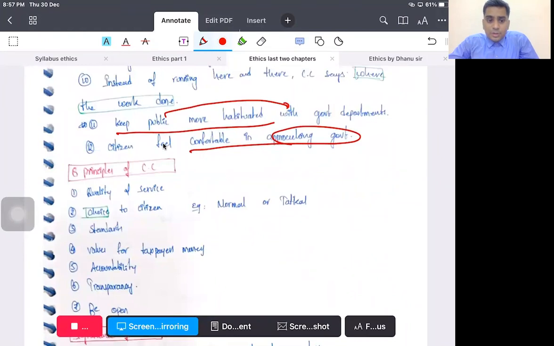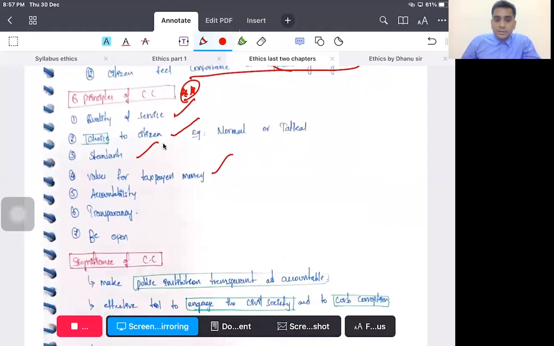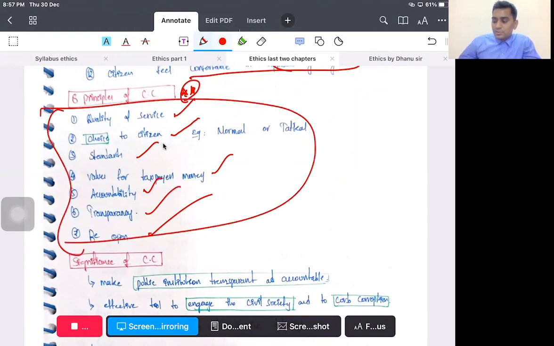6 principles or 8 principles of Citizens Charter. Remember this. What are the basic principles in Citizens Charter? Quality of service, choice to citizens, right? Standards, value for taxpayers' money, accountability, transparency, be open. All these are the principles of Citizens Charter.